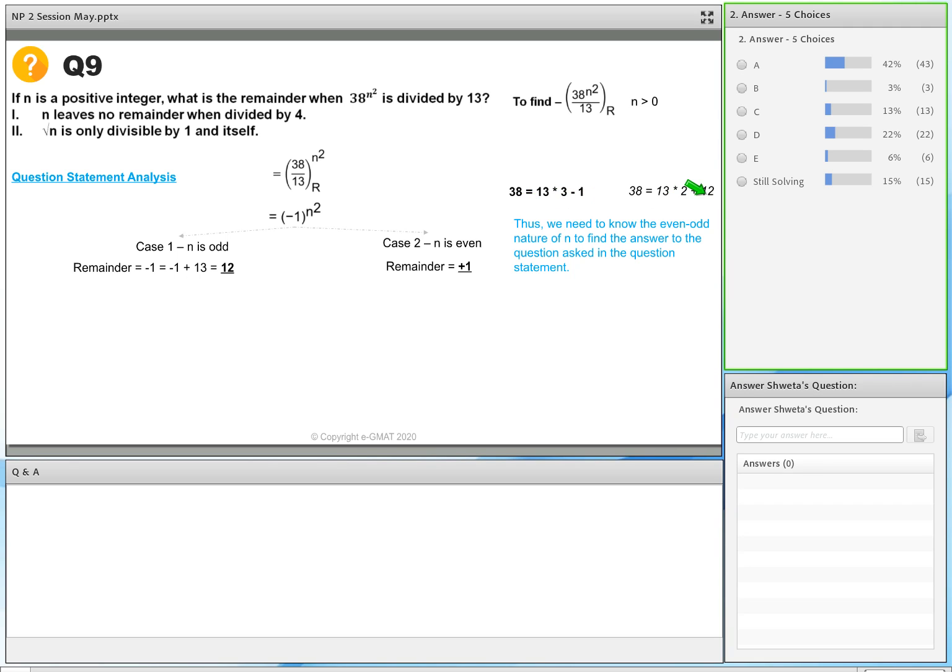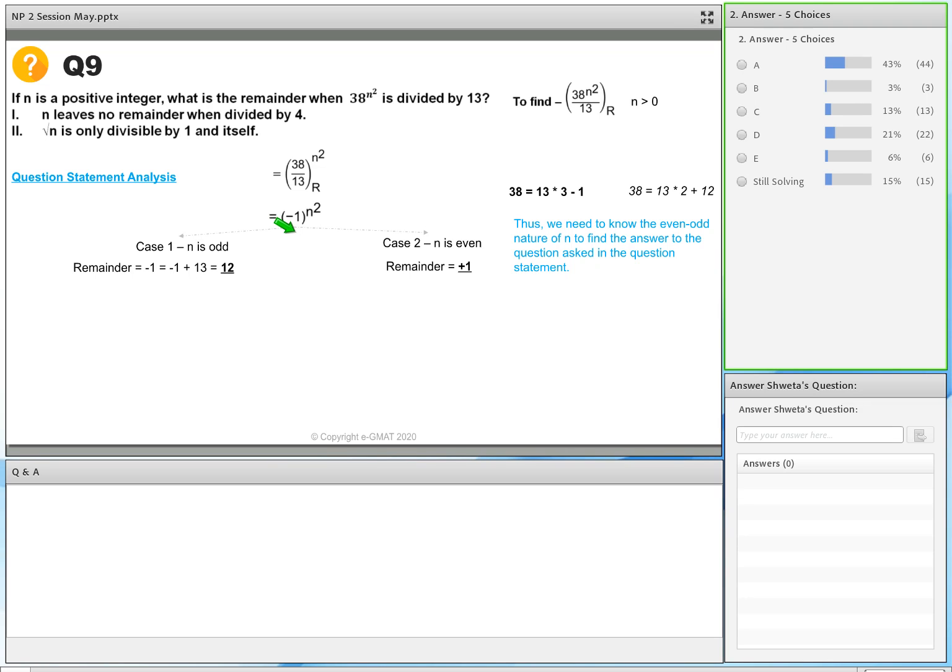If I took the positive one, it would be 12 to the power n squared. And this time I don't even know the power. I anyway didn't want big numbers where I had to calculate powers, and now I don't even know the power. So I definitely don't like this. But the negative remainder is so sweet, it's just minus 1. So it's minus 1 to the power n squared.